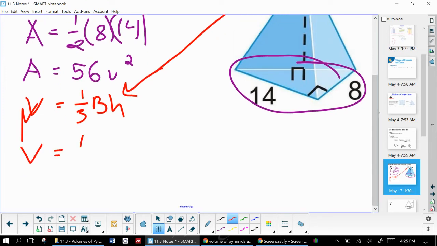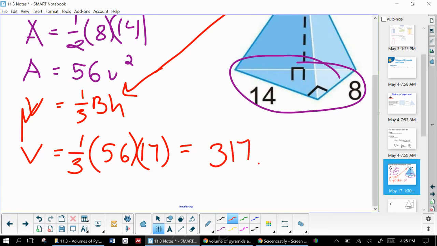Volume equals 1/3. The area of the base was 56. The height is 17. And we'll plug that into our calculator. 56 times 17. And then just divide by 3 or multiply by 1/3. And I get 317.3. We're just going to round to the nearest tenth is fine. And since we're talking about volume, that's cubic units.